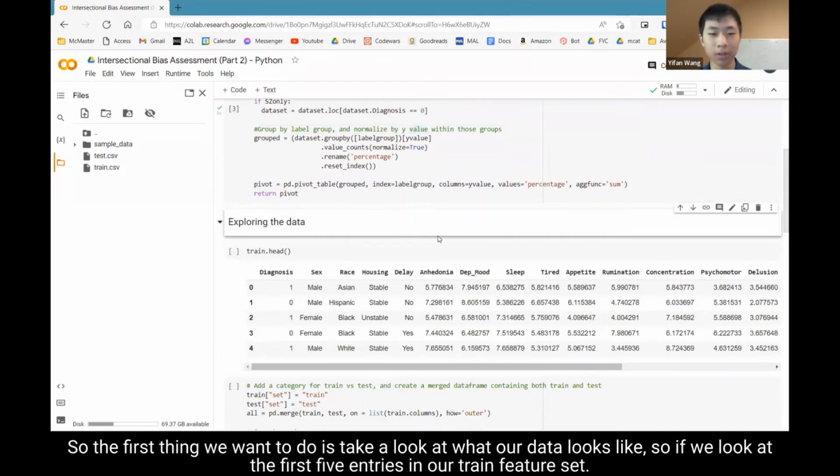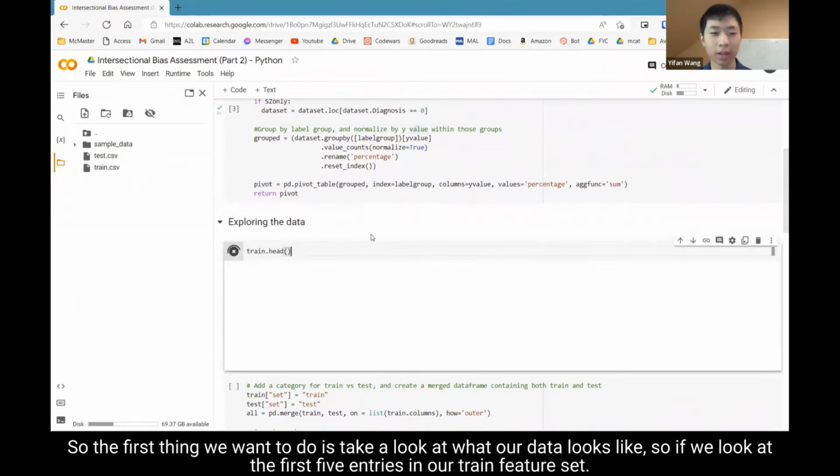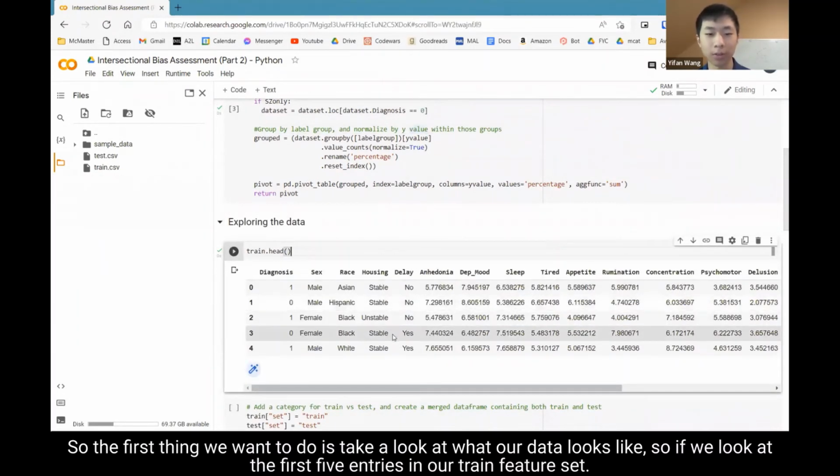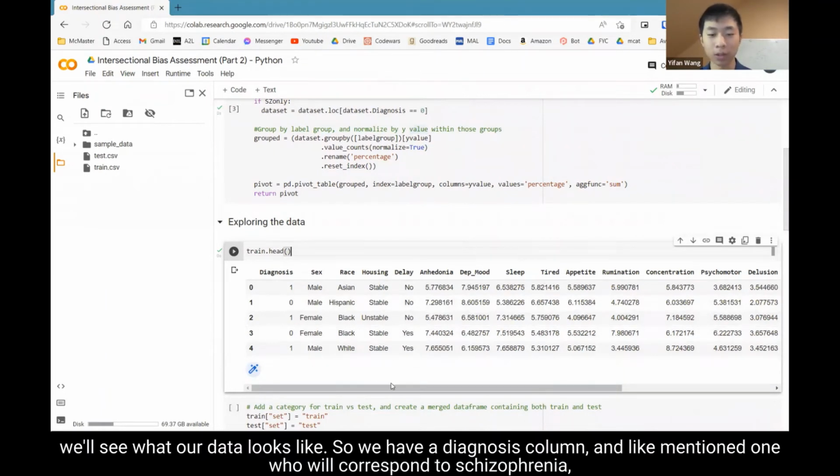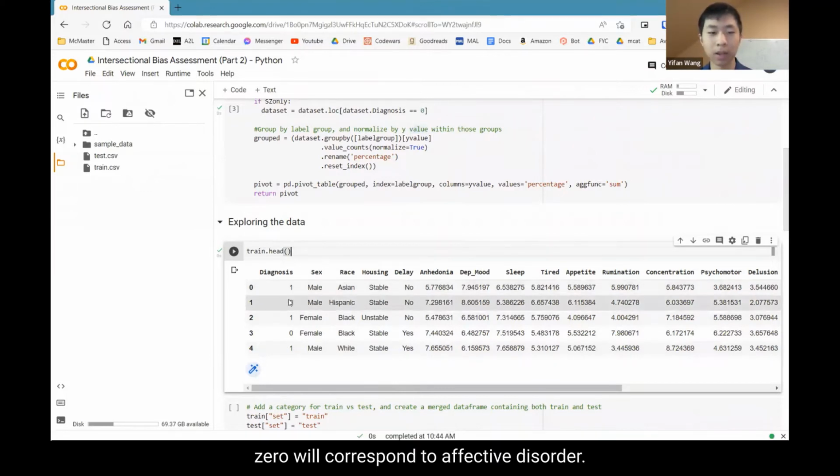So the first thing we want to do is take a look at what our data looks like. If we look at the first 5 entries in our train feature set, we'll see what our data looks like. We have a diagnosis column, and like mentioned, 1 will correspond to schizophrenia, 0 will correspond to affective disorder.